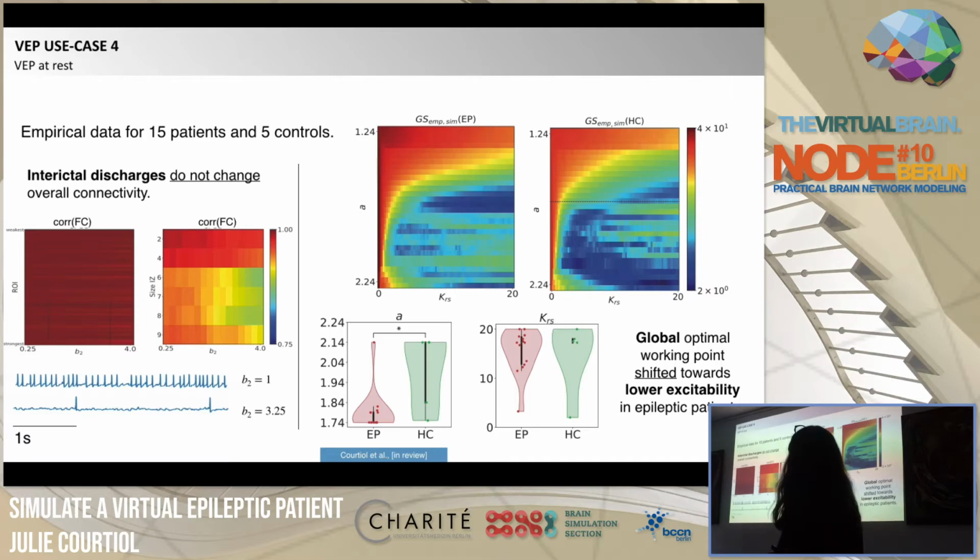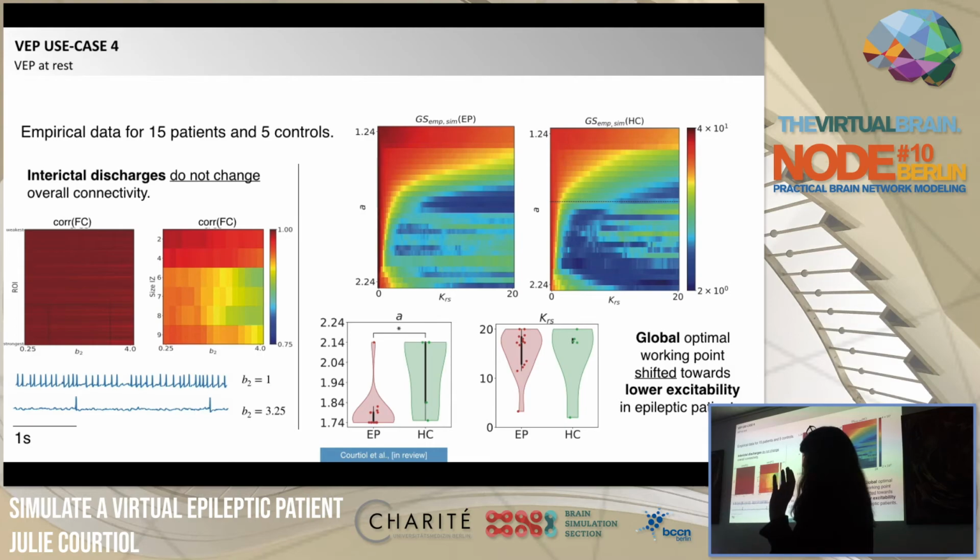So the first step of the study was to compare with healthy control subjects. We are using connectomes from control subjects and connectomes from the same 15 patients as before.